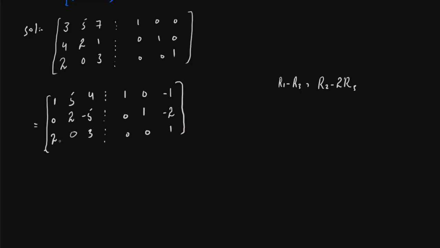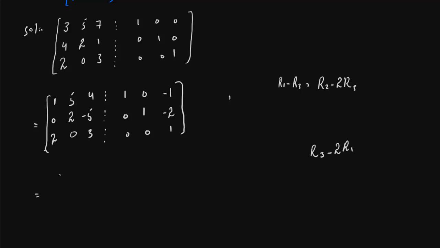Next, what we are going to do is make the third row element 0, the 2 should be 0, and for that we are going to operate R3 minus 2 R1. When we multiply R1 with 2 and subtract that from R3, we will get that 0.